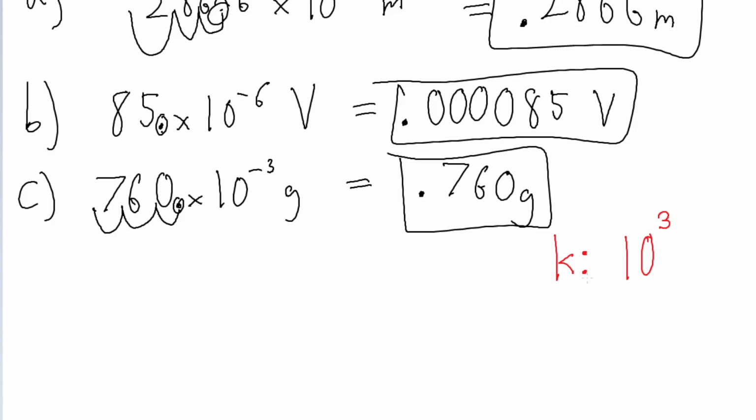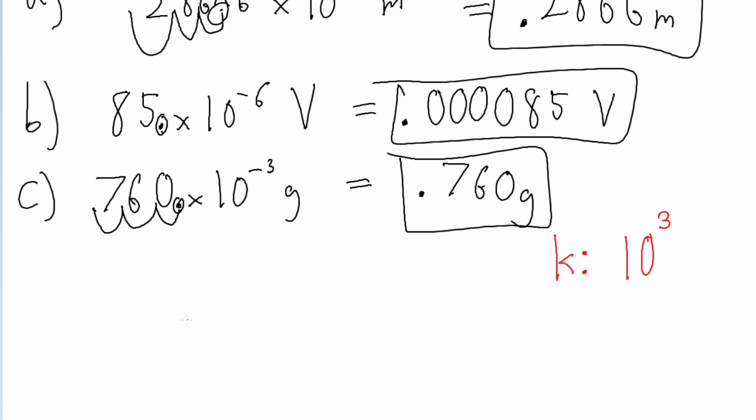This is because milli is 1,000th of something, much smaller than that something. K is 1,000 of that something, so it's much more of that thing. They modify the decimal point in opposite directions.